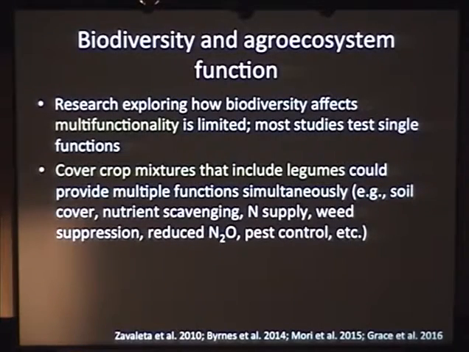So research looking at the links between biodiversity and multifunctionality is still quite limited, though you can see here it's increasing quickly. And in the case of cover crops, if we combine cover crop species with complementary traits, like for example, legumes, then we could provide an organic nitrogen source to fields while also providing other functions at the same time, like maybe weed suppression or scavenging and holding on to nutrients.